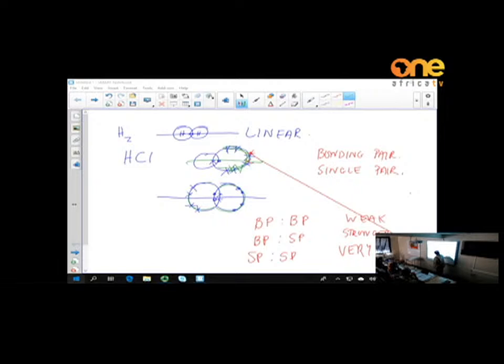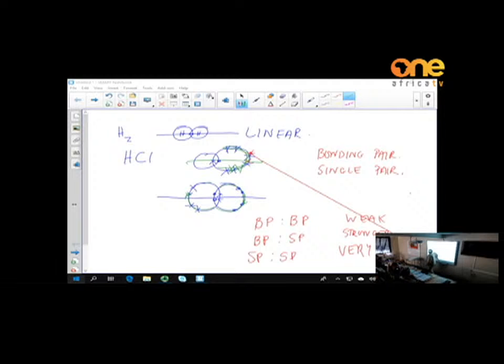Because those 2 bonding pairs repel those 2 single pairs, and the single pair repulsion is the same over there. The molecule has an equal distribution. They've got the same number of electrons and the ones that they share. The distance of repulsion causes the angle, the size of the angle.